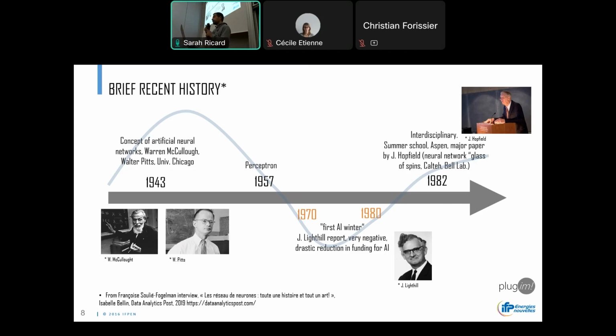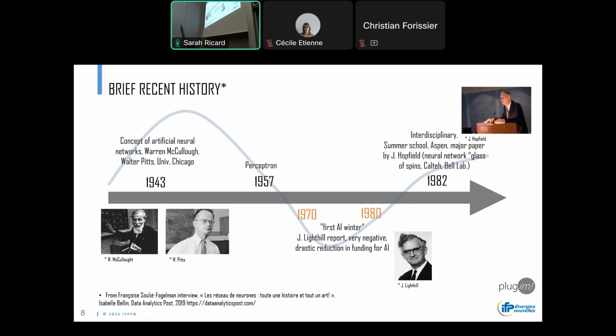As you can see in my slide, it's not very visible, but you have a curve of interest in the domain. A start of interest, and then between 70 and 80, you have the first disinterest of the community for this kind of domain.